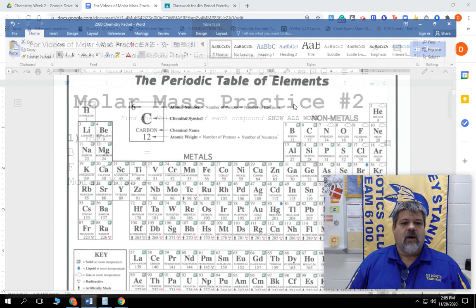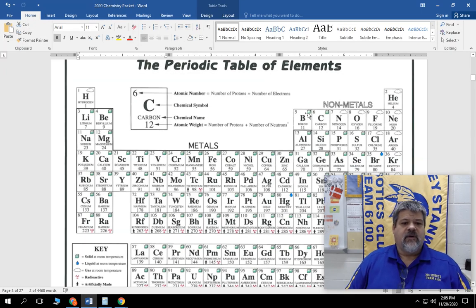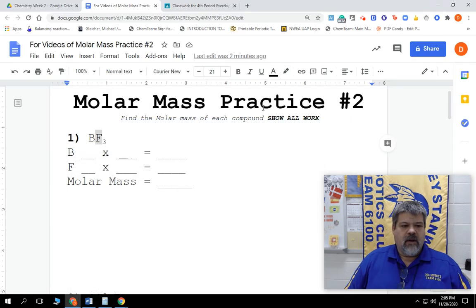Let's go to our periodic table. Here is B right here, and if we look carefully, we'll see boron. The first one is boron. The second one, F, is fluorine, but remember, we have to change the ending to "ide."